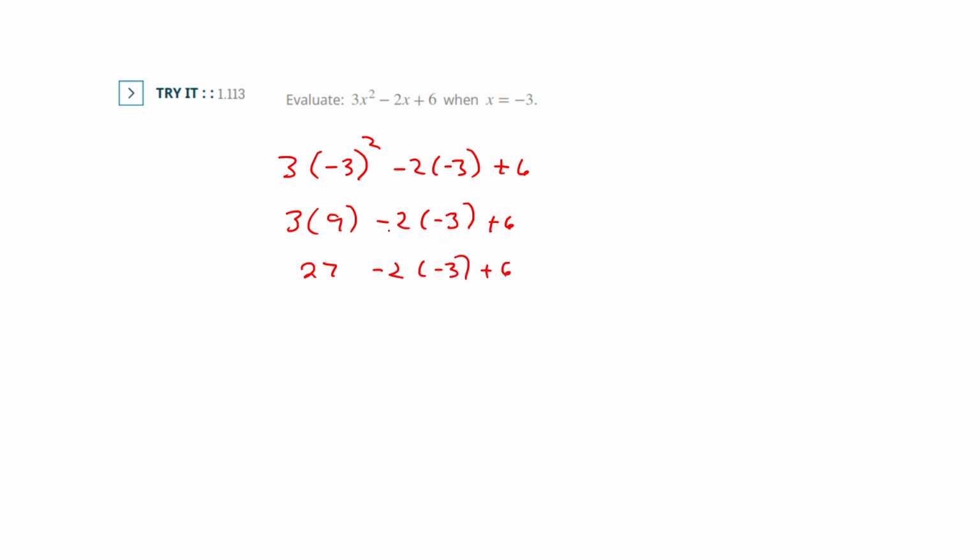This one's next. I'm going to think of these as owning the sign in front of them. So this is 2 times 3 is 6. A negative and a negative is a positive. And I'm going to show that because I was doing addition or subtraction. Okay, now we go left to right. It really wouldn't matter on this one.